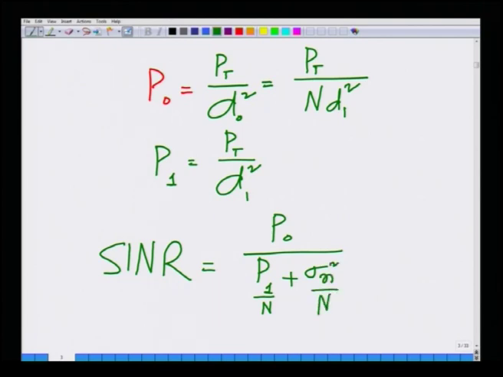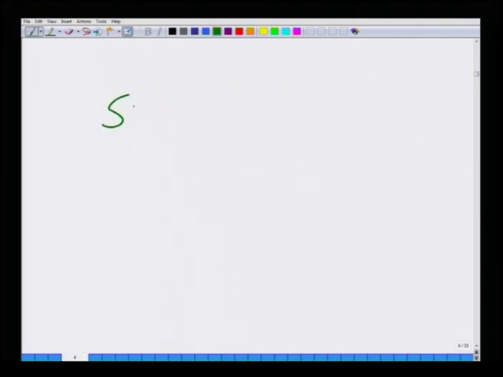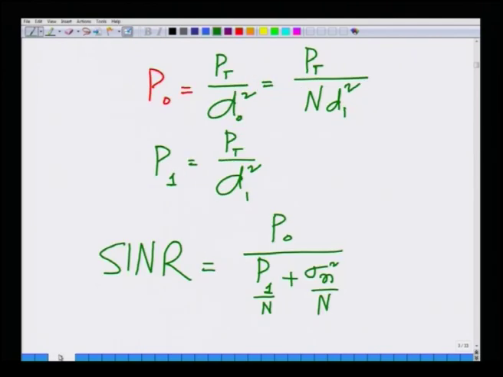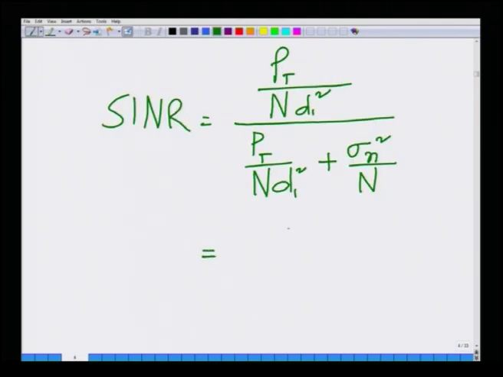I will substitute for P naught and P 1 in this expression, and write SINR equals P t over n d 1 square divided by P t over n d 1 square plus sigma n square over n, and this can be simplified as P t over P t plus d 1 square sigma n square.